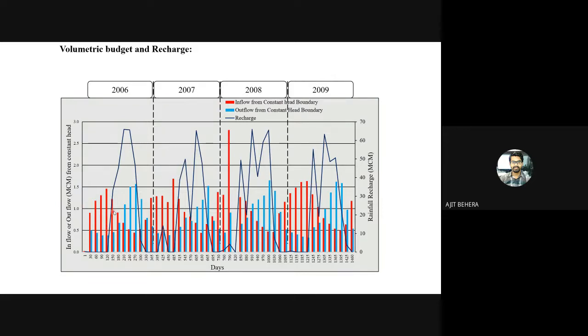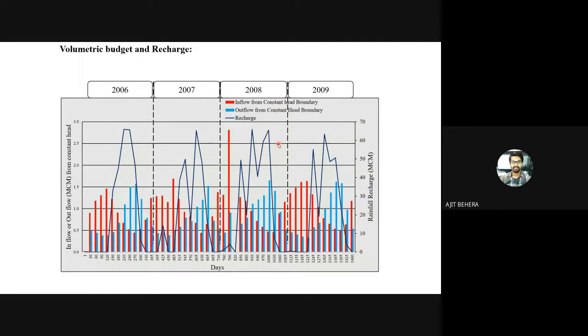When there is rainfall, recharge takes place, and some amount of groundwater discharges into the sea. So it shows the dynamics between the aquifer system and the sea, how the aquifer system is affected by the sea. Similar cases we found in 2007, 2008, and 2009.